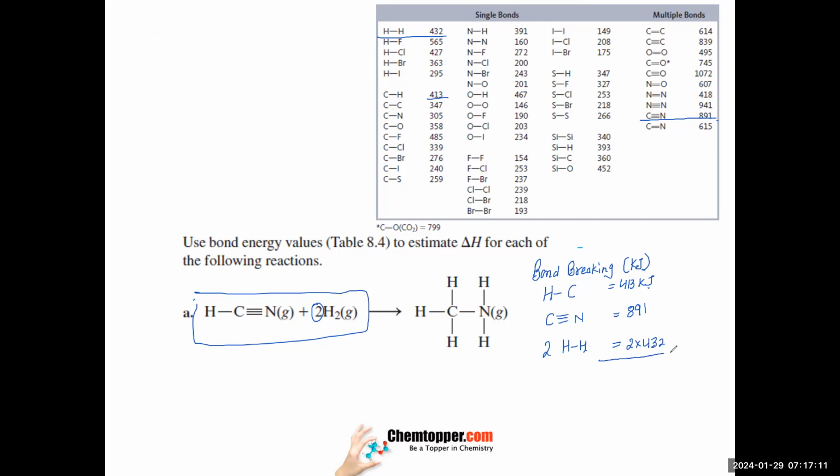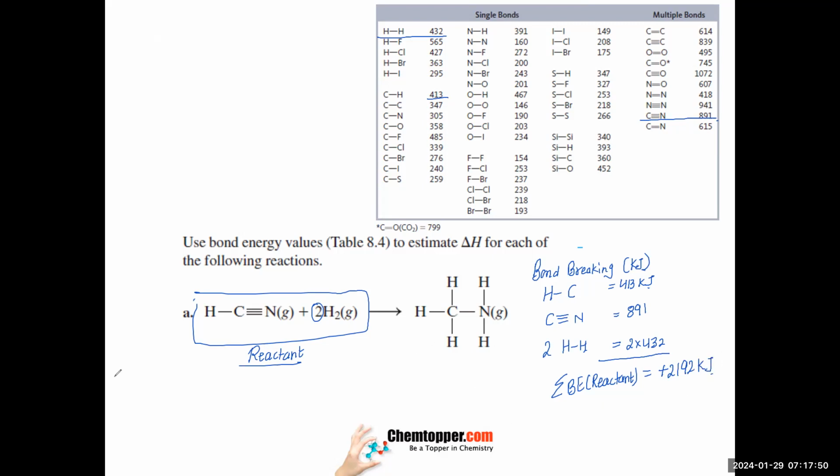Now add all these. This is the summation of bond enthalpies of the reactants. This is the energy needed to break all the bonds of the reactant. How much is this, children? Bond breaking is from the reactant side. To start the reaction, to make the product, I have to break the bonds. And that is endothermic. So this answer is plus 2192 kilojoules. Very good, Dhruv.